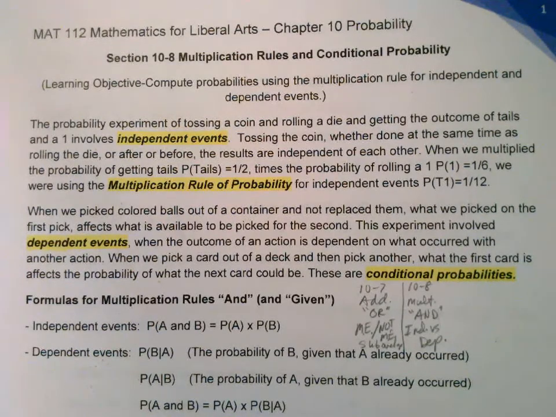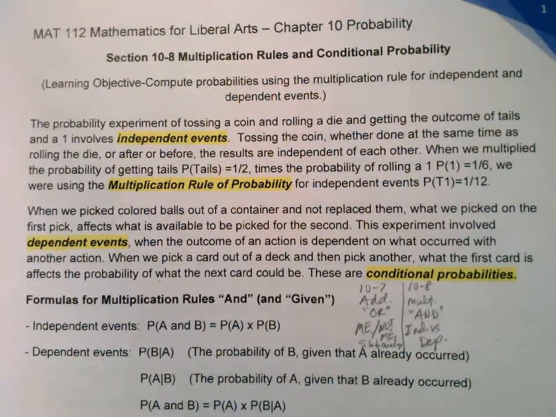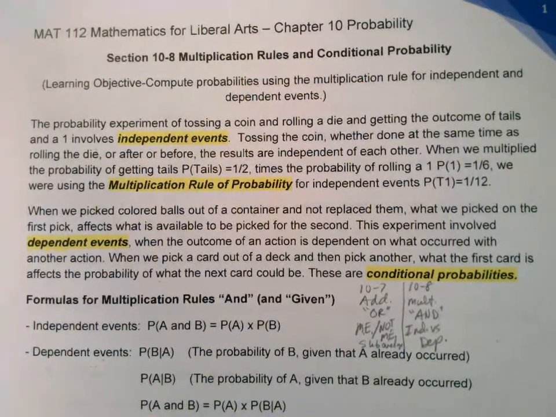When we multiply the probability of getting tails, that's 1 out of 2, times the probability of rolling a 1, which is 1 out of 6, we use the multiplication rule and get 1 over 12. We did that quite a bit in the first lesson of the chapter. Now we know it's called the multiplication rule of probability.